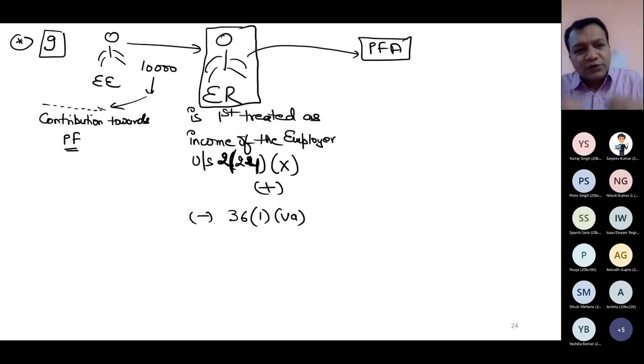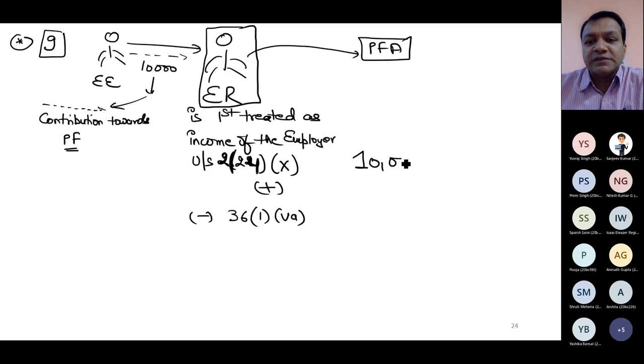The employer is simply receiving 10,000 from the employee and transferring it to the employee's own account with the provident fund authority. So when he receives this, it becomes income of the employee. The employer will show 10,000 rupees as income under section 2, clause 24, subclause 10.